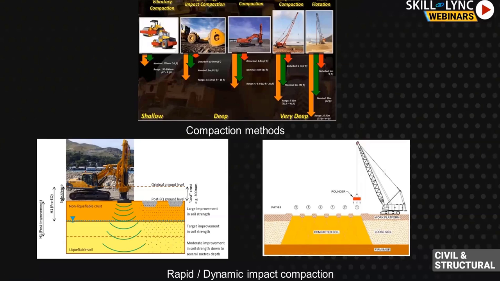It depends upon your pounder weight. For rapid impact, you might use only 10 tons, while for dynamic you can use more than 15 tons, maybe 20 tons. Because of this, it can reach 10 meters. This is one case study I have done, and I have given it in my slide, so I will tell you how they did it.